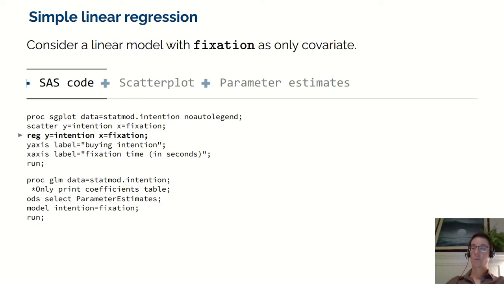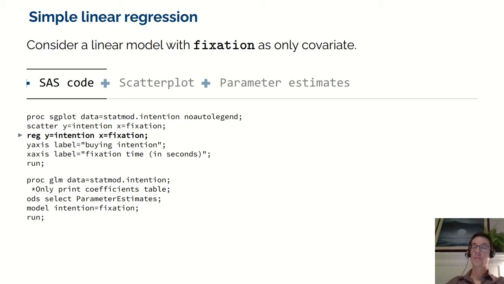The second block of code is the procedure for fitting linear models. So this is the first encounter we have with the GLM procedure. So you specify the data set as usual. And normally what you would have is just model, and we'll see that there are some other options we could pass on.